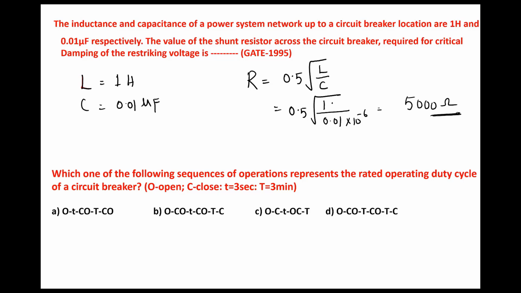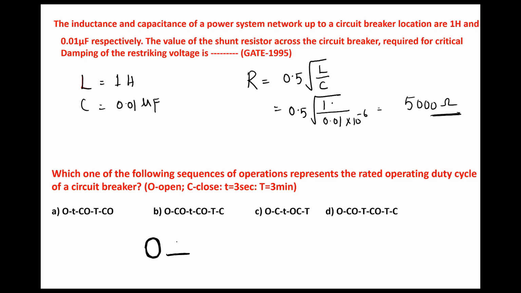So the first operation when the fault occurs is an opening operation that is mentioned by O. O means open. When the fault occurs, the circuit breaker will open. So for the first fault, nobody will do R&D. They will simply reset and turn it on.